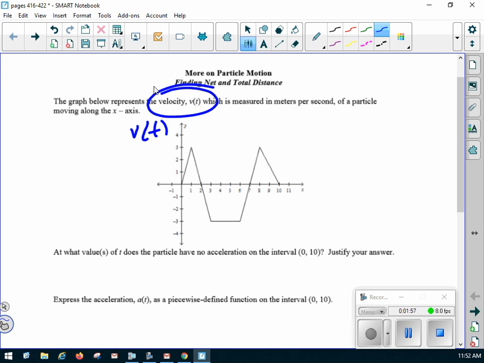So this particle is moving to the right between 0 seconds and 2 seconds because the velocity is positive. The velocity is above the x-axis. The particle is moving to the left from 2 to 7. You with me? And then the particle is moving to the right again from 7 to 10. Okay? So you got that idea.